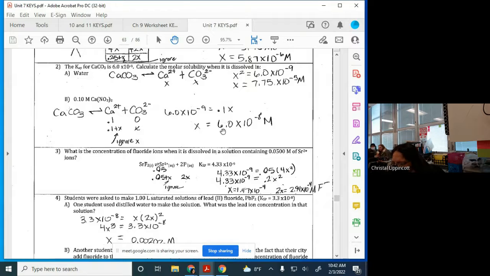So when you're calculating X, you're just going to simply do this. Now that value is less than this because we've already got some of that calcium in the water. So it's going to precipitate out a lot sooner in this solution than it would in pure water. And that's the idea of the common ion effect. There's a common ion in there, and because of that, it's going to cause it to precipitate out sooner.